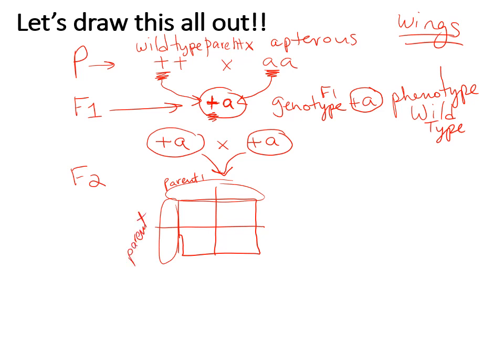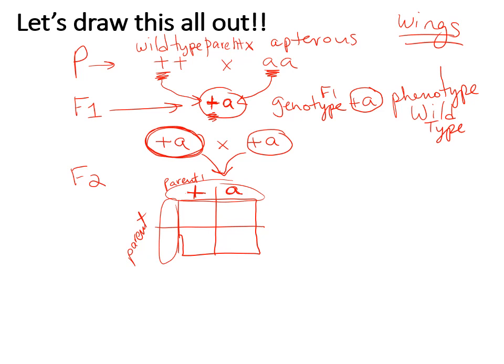Now with the law of segregation, remember, when a parent goes to make gametes from its genotype, those alleles separate for that trait, right? So what alleles can it give to a gamete? Well, the first gamete can be wild type. The second gamete can be apterous.